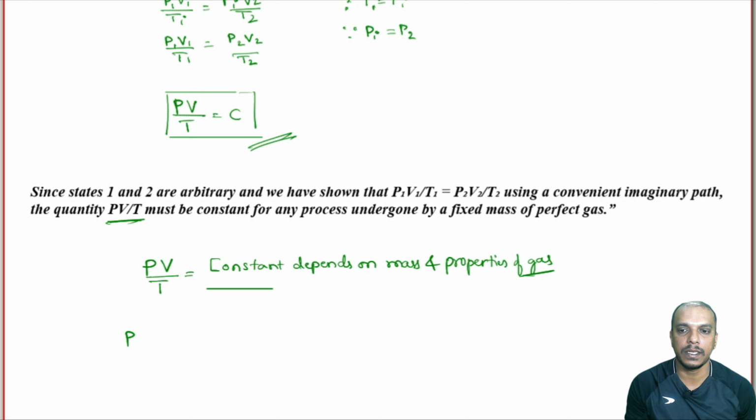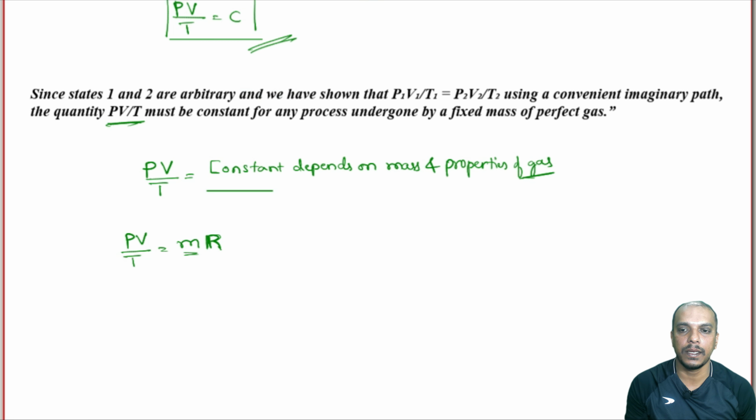In other words, we can say PV by T is equal to M, which is mass, and one more property, a characteristic gas constant. We'll talk about that a little more. PV by T is equal to MR, or we can say PV is equal to MRT. This is the equation which we are trying to derive.